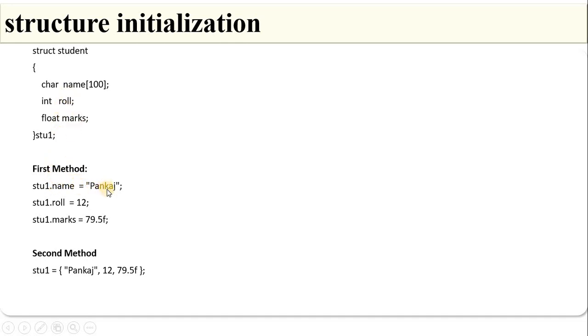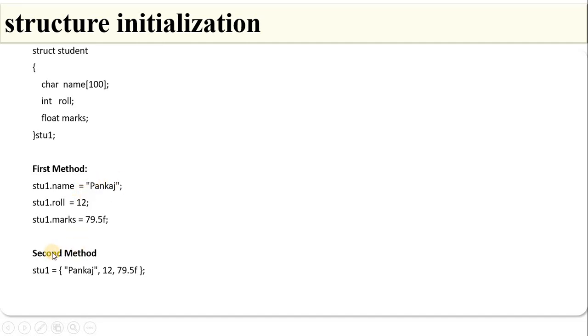You are assigning it with Pankaj. stu1 dot roll, you are assigning a value 12. stu1 dot marks, you are assigning a value of 79.5. So individually you are accessing each member of the stu1 structure variable and then assigning the values.